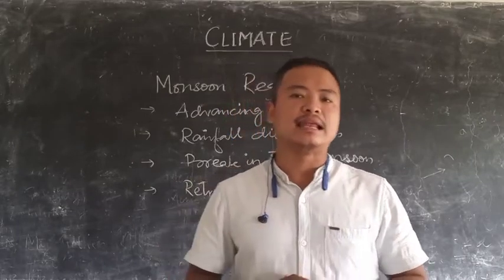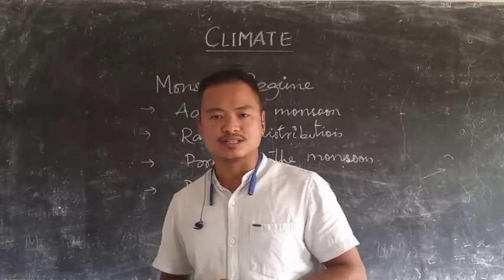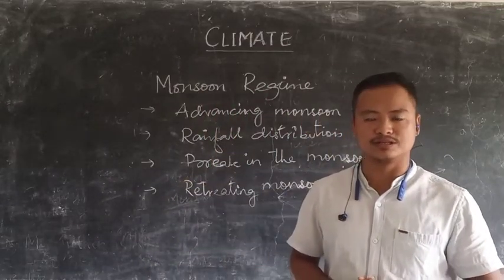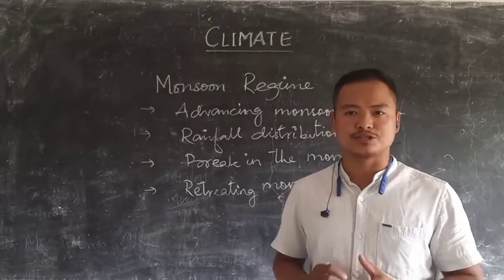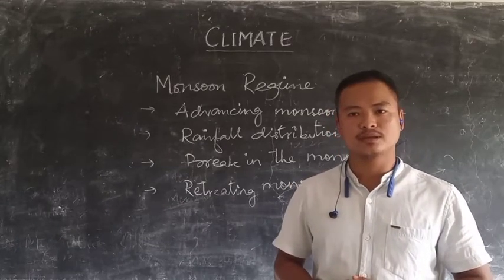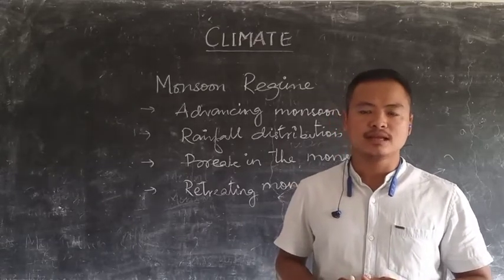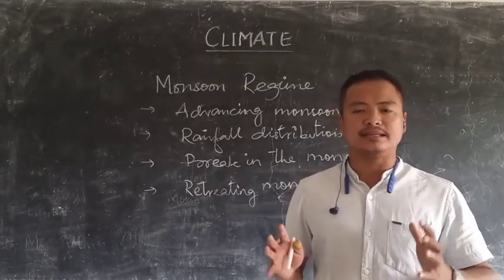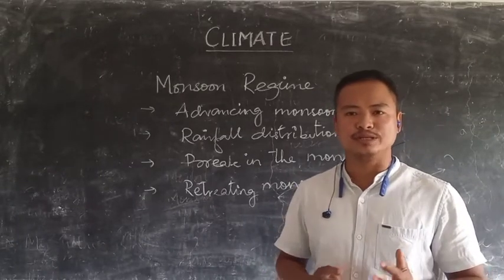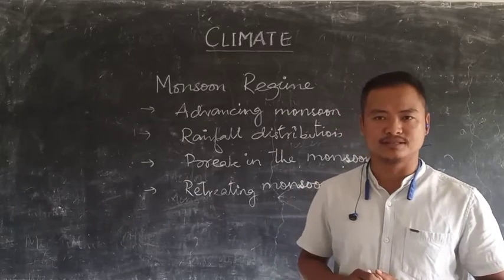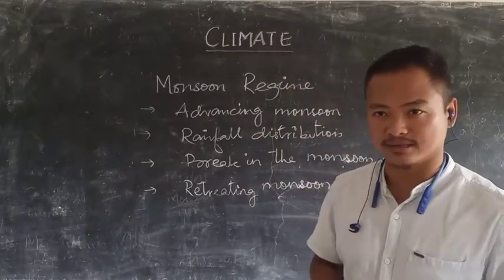But there is an additional force to it, and that is the southeast trade winds that cross the equator during the summer season, and also the shifting of the pressure bands towards the north. So this attraction of wind results in an enormous amount of moisture-laden air masses being driven towards the Indian land masses, hence causing a huge amount of rainfall throughout the country.